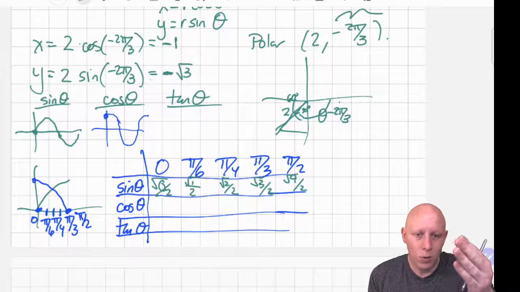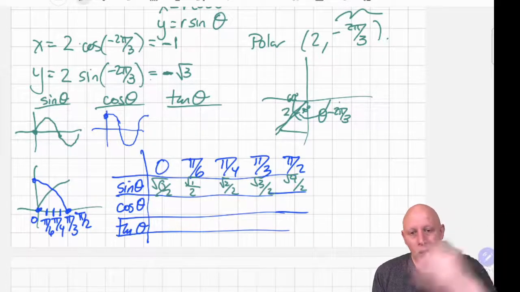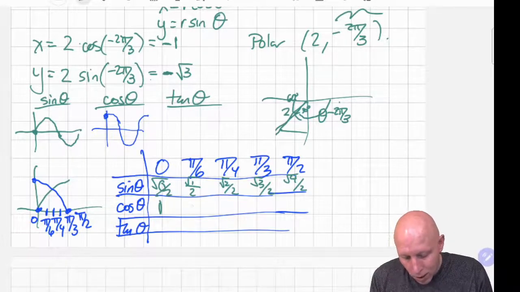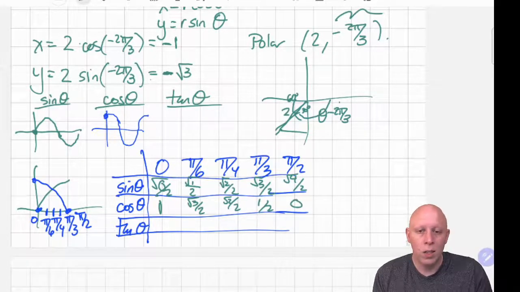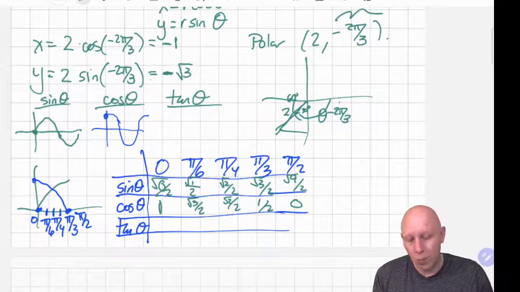It's 0, 1/2, root 2 over 2, root 3 over 2, and then 1. And cosine does the same thing, but backwards. So 1, root 3 over 2, root 2 over 2, 1/2, 0. This pattern of numbers can be helpful for you.